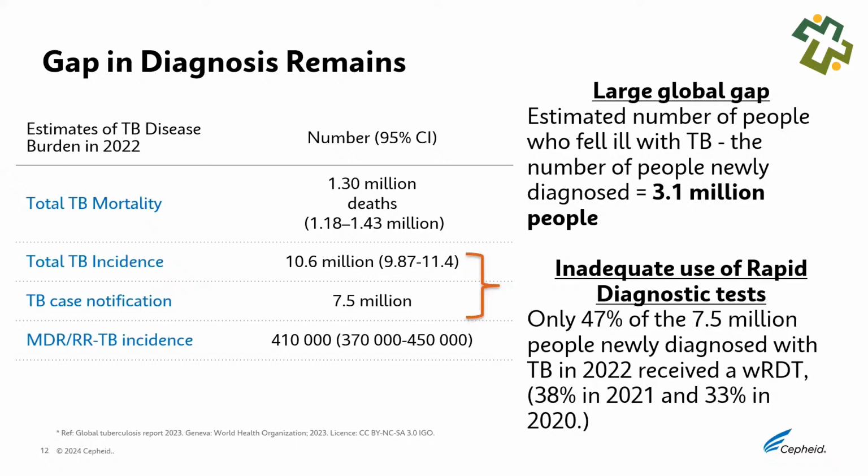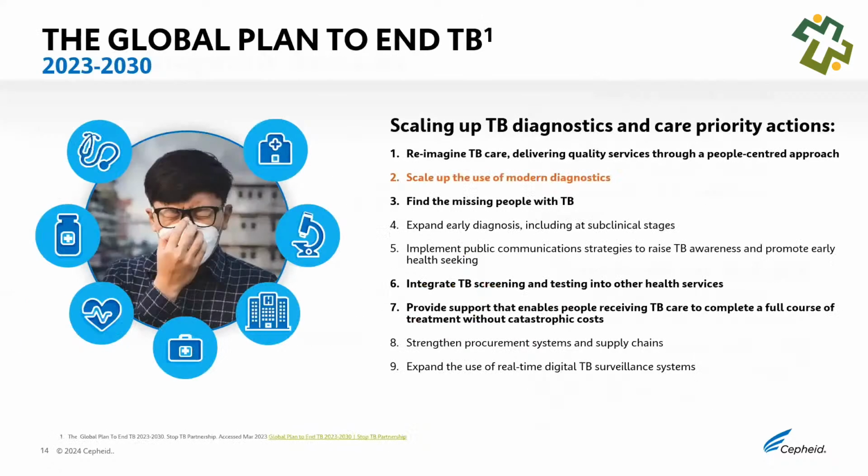We have availed decentralized care, and we are making progress towards health equity and serving the underserved. But there's a significant gap that still exists that we need to be aware of: the majority of people are still not receiving diagnostic testing or rapid molecular diagnostic testing, and therefore we still have a significant proportion of people developing MDR TB and succumbing to this disease.